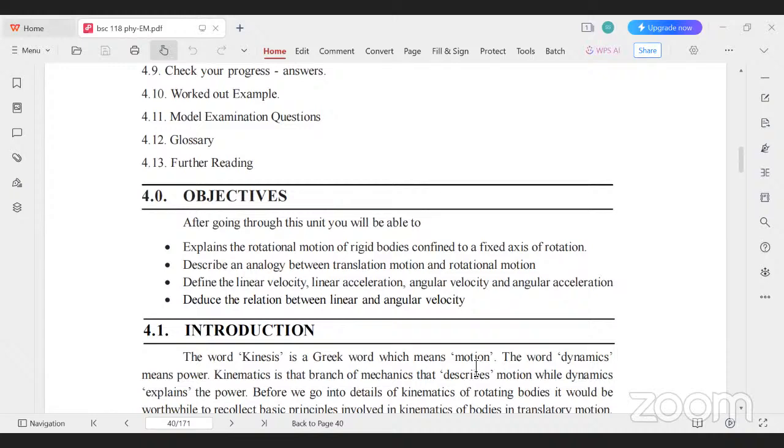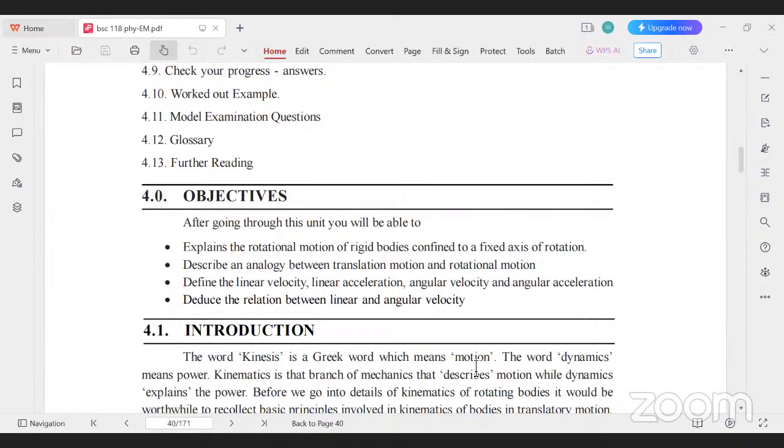They have power, the energy which comes out of their speech, and we call them dynamic. The word kinematics is a Greek word, and dynamics is nothing but power. So kinematics is a branch of mechanics that describes motion, while dynamics explains the power.